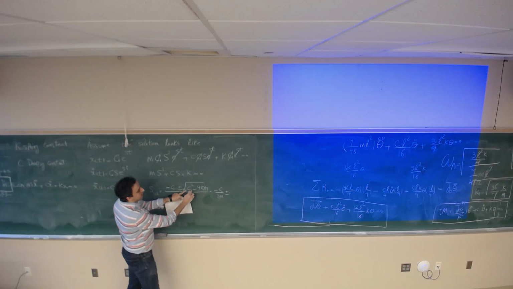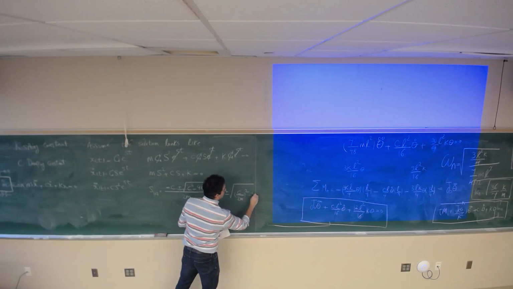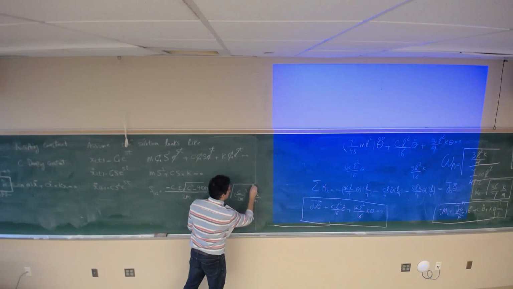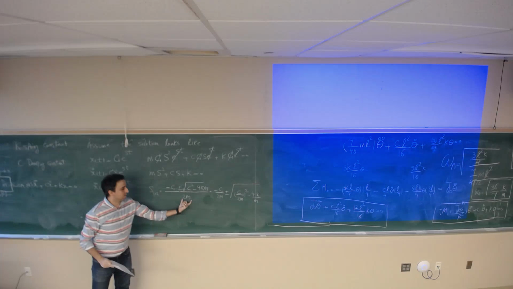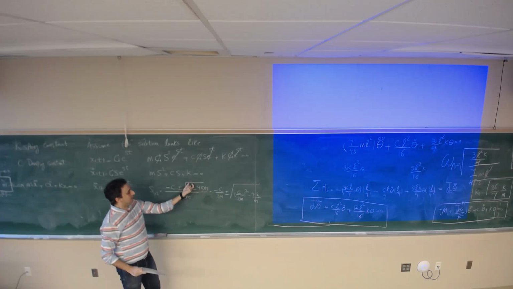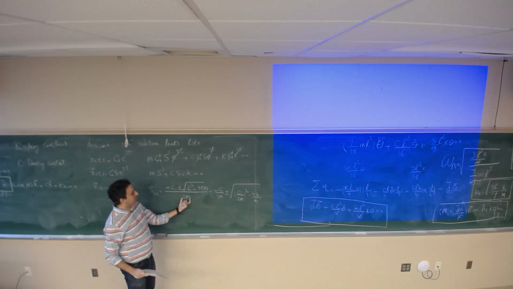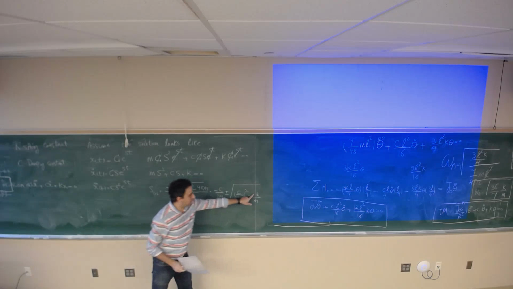If I move 2m inside the square root, it's going to be 4m squared, so it's going to be c over 2m squared minus 4k m divided by 4 m squared, so we don't have any 4. We are going to have k over m.